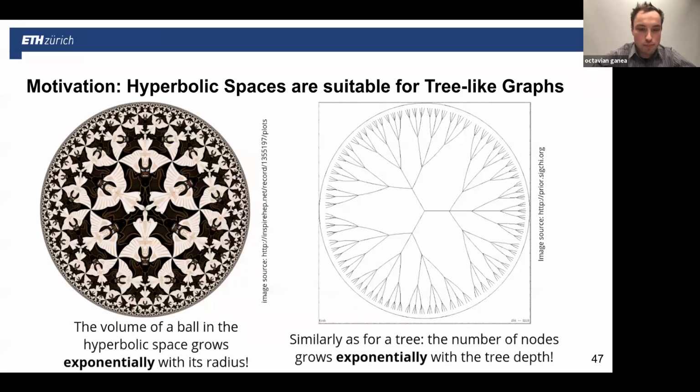So you can see that the space behaves very similarly to Euclidean space in the center of the ball. But once we go far away from it, the geometry behaves a bit funny. It has an exponential volume growth, which allows exponential space growth.